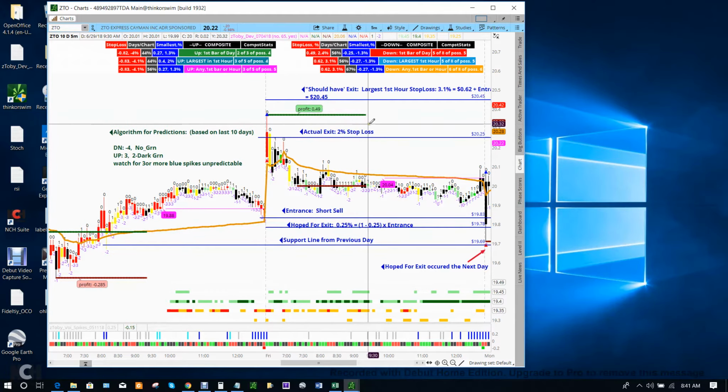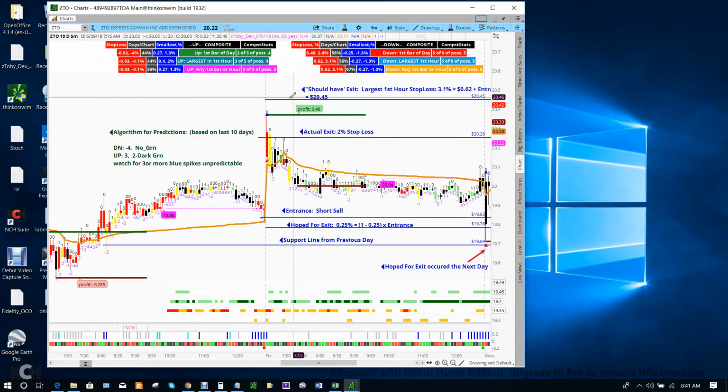So what I normally do is a 2% stop loss. But in this case, it wasn't big enough, because this particular stock normally hits a greater than 2% stop loss. So for stocks like this, you need to figure out what the stop loss is, and it has to be bigger than the normal average or worst case stop loss over the last 10 days.